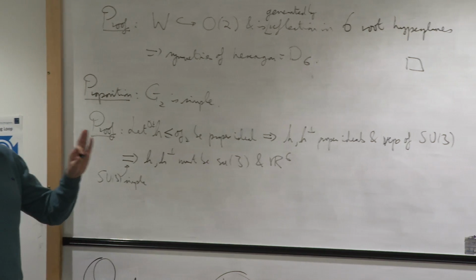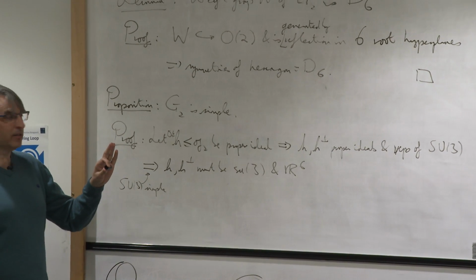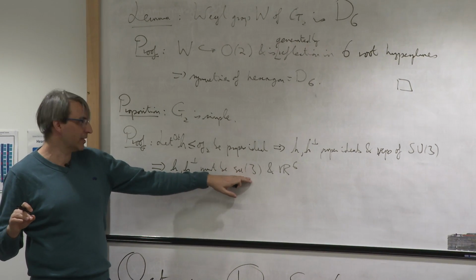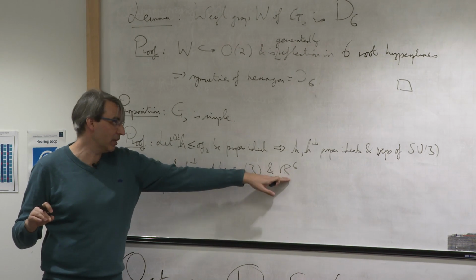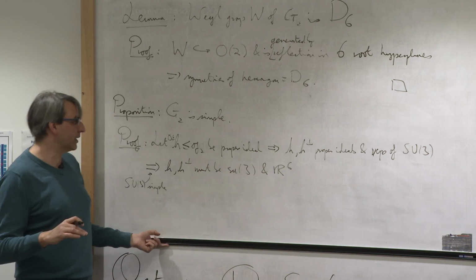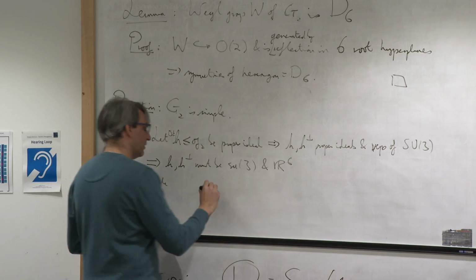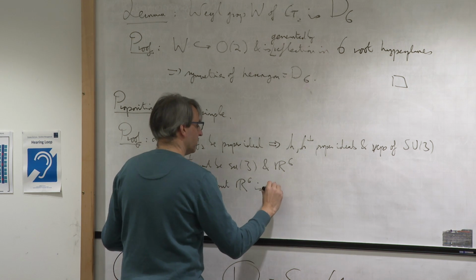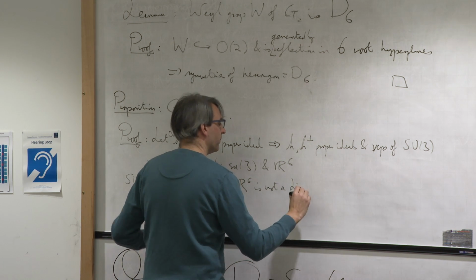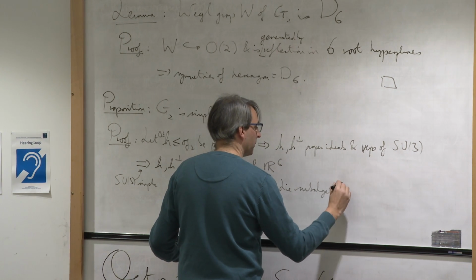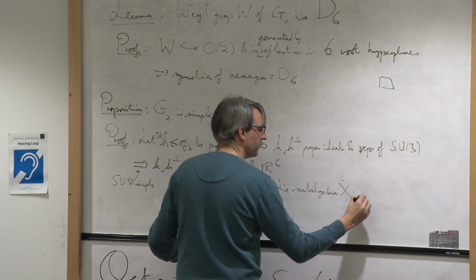We know that G2 is SU3 plus R6. There can't be anything inside the SU3 part because SU3 is simple. So there has to be all of this. Then it has to be the orthogonal complement of that, which is R6. It's the only thing it can be. But R6 is not a Lie subalgebra. So that's a contradiction.